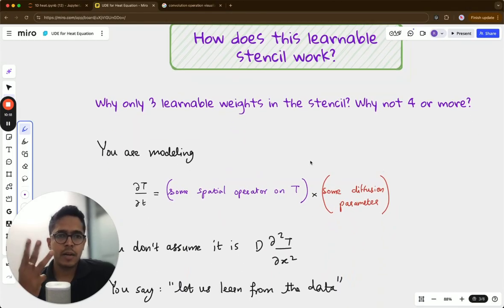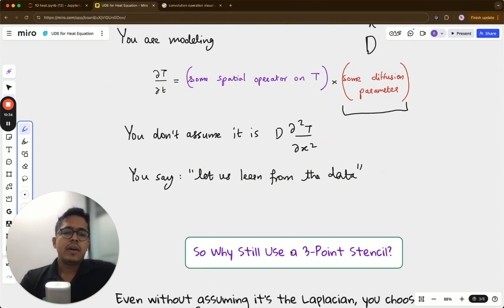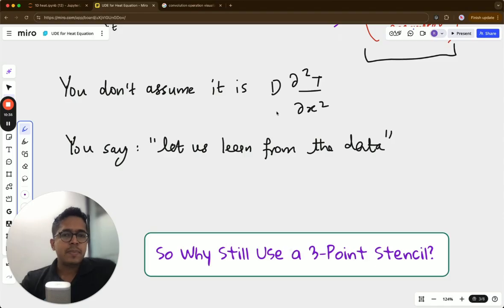We have 3 learnable weights, and we are modeling the rate of change of temperature as some diffusion parameter, decap, which is a scalar, and some spatial operator, right? The spatial operator need not be the Laplacian. It can be anything. Although we are not explicitly assuming a ∂²T/∂x² spatial operator, you will see that the stencil we are going to choose will almost look like ∂²T/∂x², or it will have a tendency to look like that.